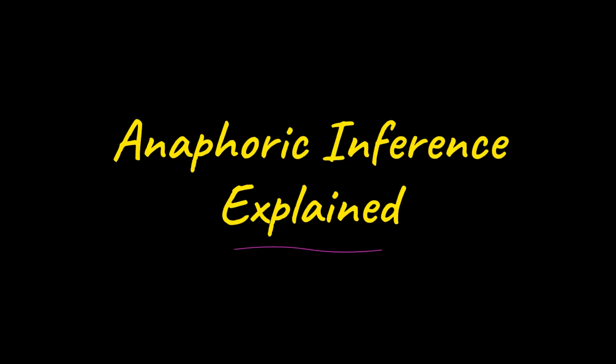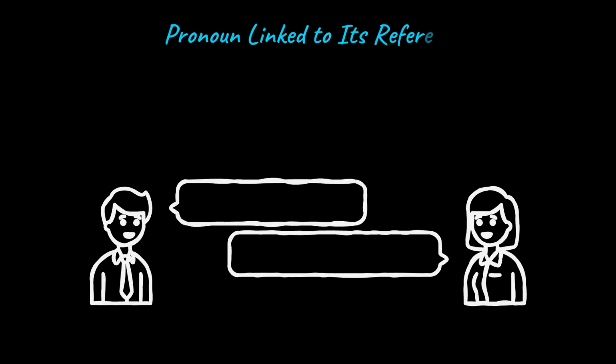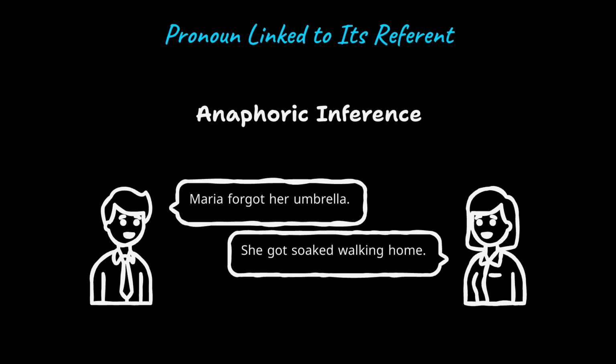Anaphoric inference is the mental operation of linking a pronoun or referring expression back to a previously mentioned entity. It's what allows language to flow without repeating names over and over. Here, the pronoun she must be linked back to Maria, the antecedent introduced in the prior sentence.